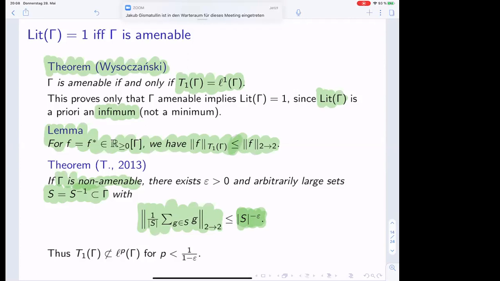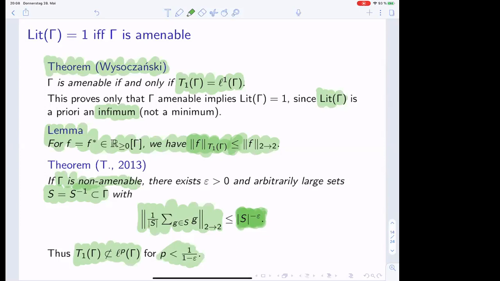But it implies, of course, in combination with this inequality that you see up here, that you have now a way of bounding the T1 norm from above by some expression in, I mean, some power of the size of S. And since the LP norm can be computed concretely, this implies by a little calculation that I will not do now, that T1 is not contained in LP for some p which is really, really small.